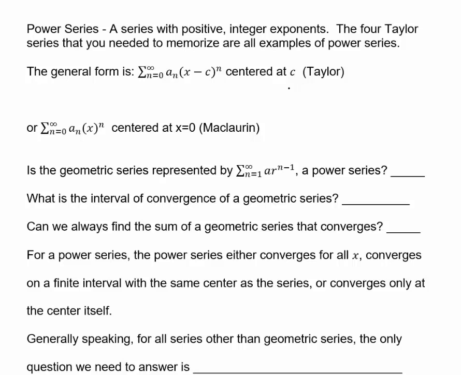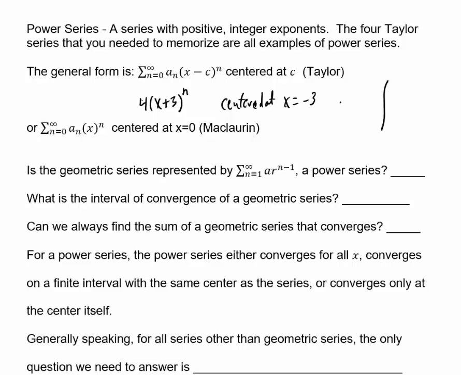A Taylor series would be centered someplace other than 0, so for instance, if you were centered at 2, this would be x minus 2 raised to a power. So when we have some kind of Taylor series, let's say we just have 4x plus 3 raised to the power n, I know just by looking at that that it's centered at x equals negative 3, because negative 3 plus 3 would be 0.